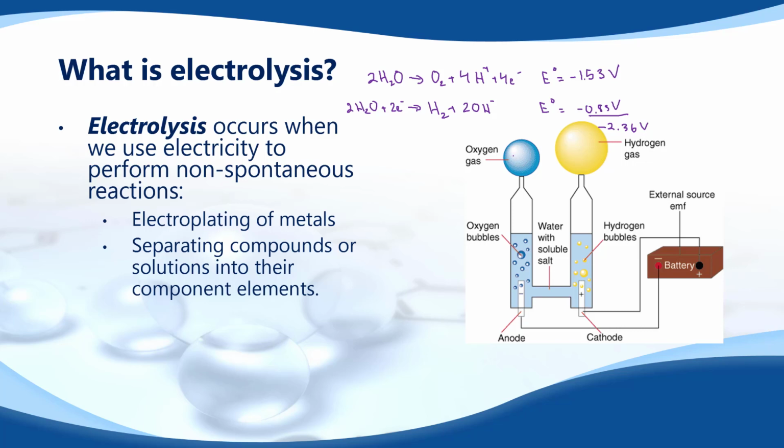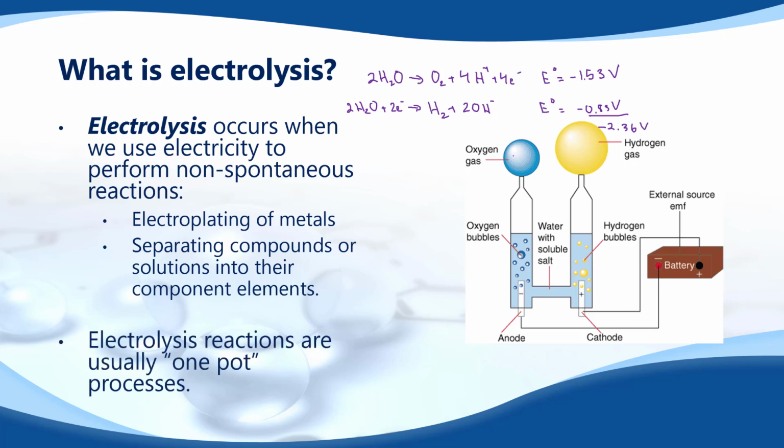Now, one very noticeable change about electrolytic reactions like this is that these reactions generally take place inside of one container. In a voltaic cell, we separate the two half reactions from each other. In an electrolysis system, everything occurs in the same solution overall.